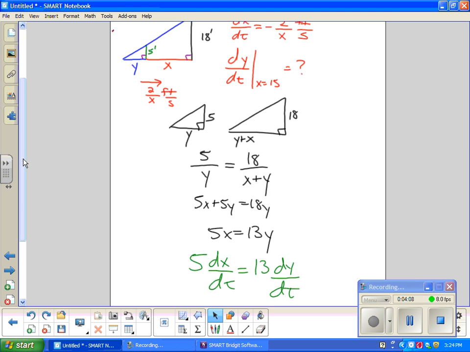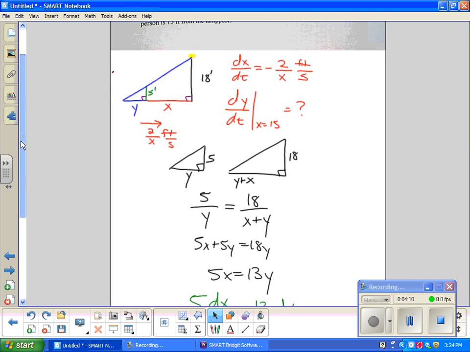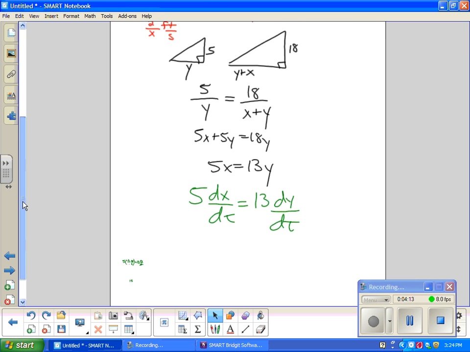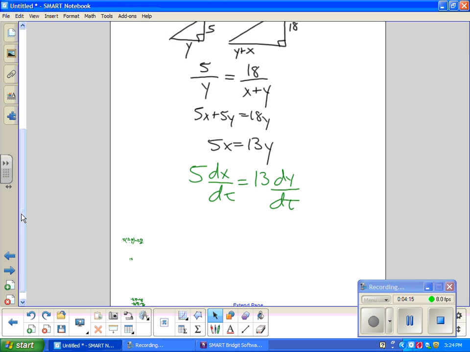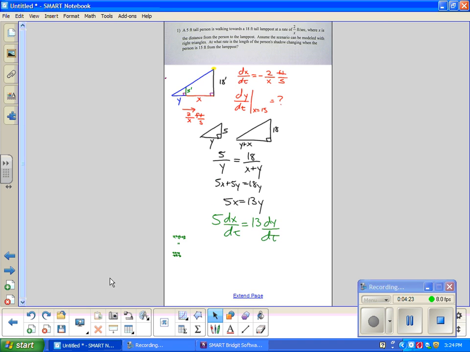But that's why they made this a negative 2 over x, so it varies as it comes closer. All right, I realize I know dx/dt. I'm going to slide some of my equations up to the top so we can see everything that's going on. All right, I know my dx/dt, and I know I'm searching for dy/dt.